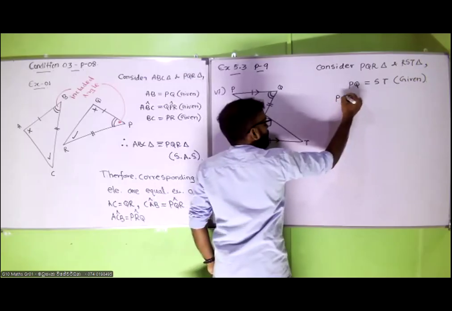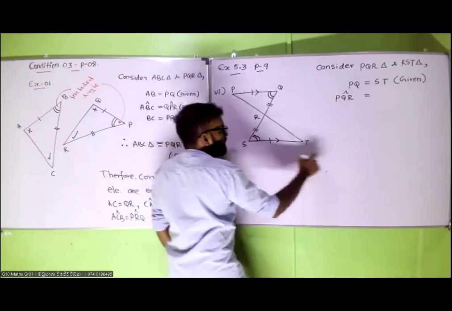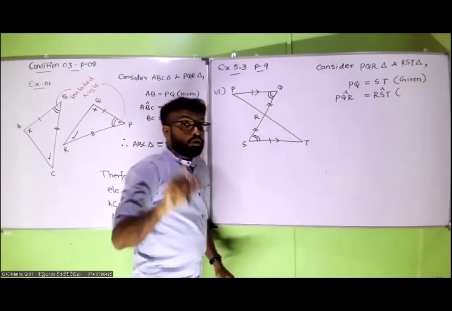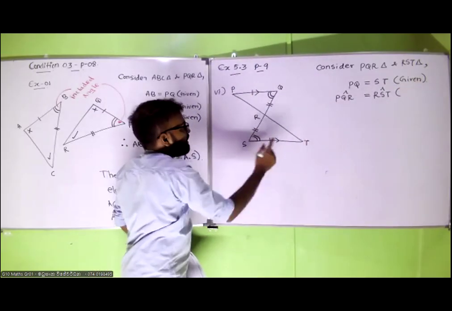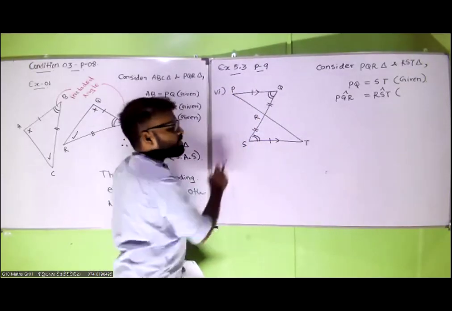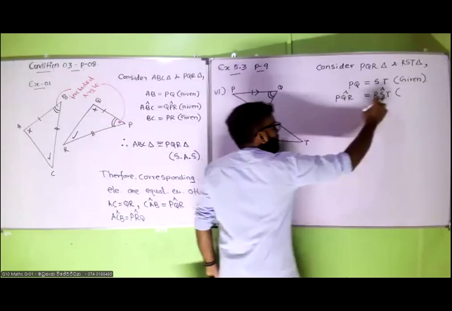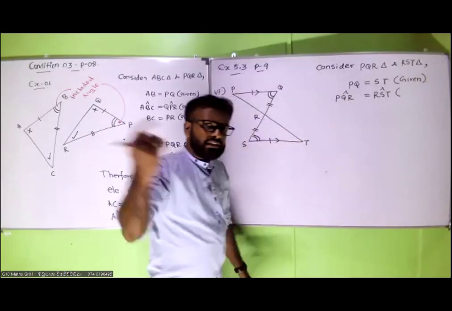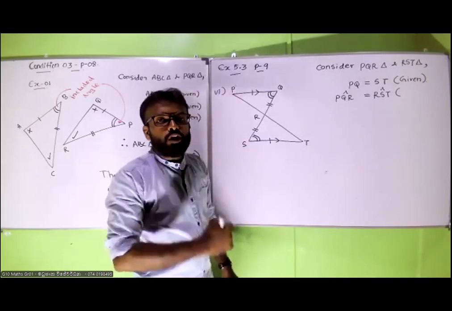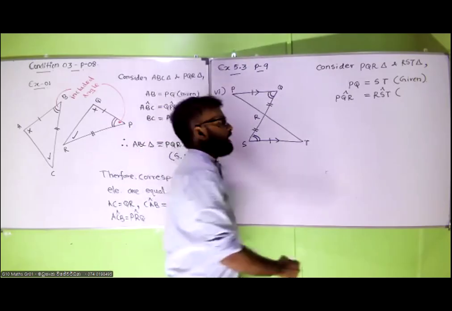Angle PQR equals angle RST. Included angle with this side, and that angle is included in between this side and this side. Same thing happens here. You need to definitely find the included angle. What is the reason? Is that given or did we find it? We found it. How did we find it? Alternate angles.